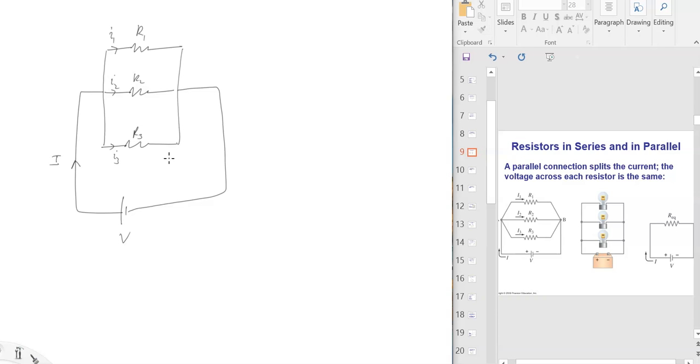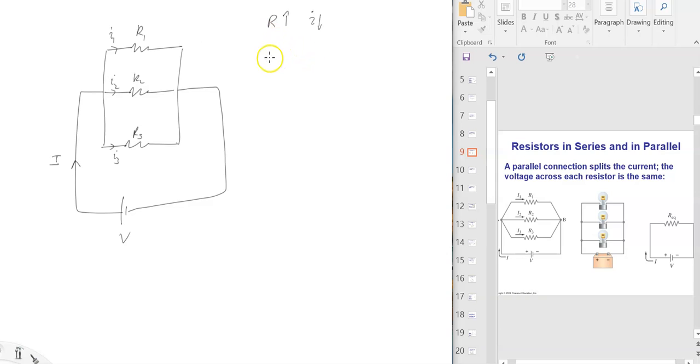Now a couple of things to remember. Bigger the resistance, smaller the current. Right? So that means the biggest resistance will have the least current in it. The smallest resistor will have the highest current in it.